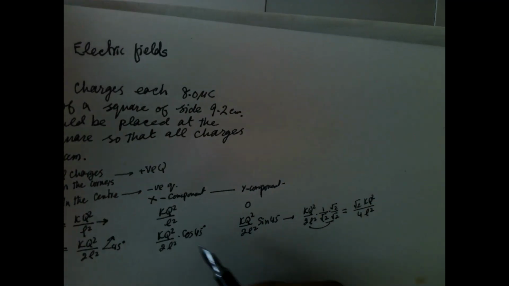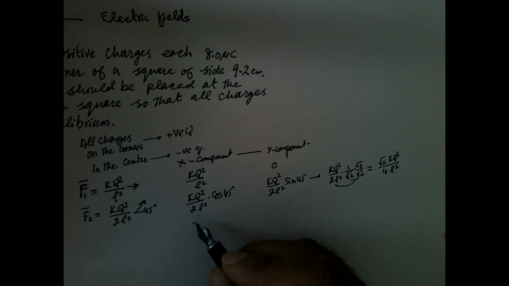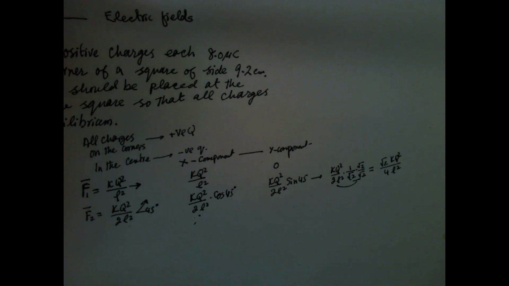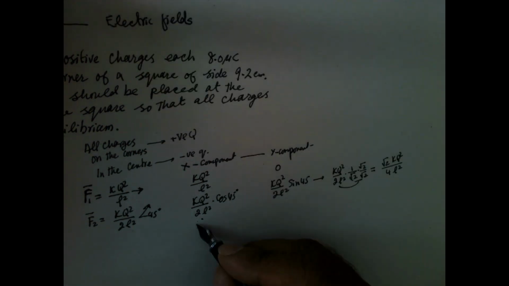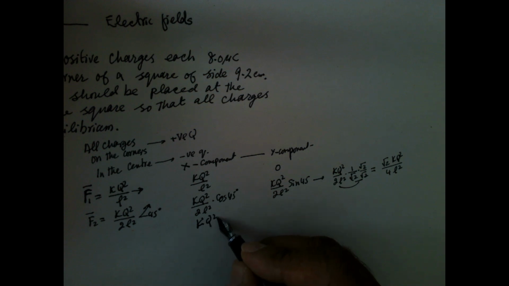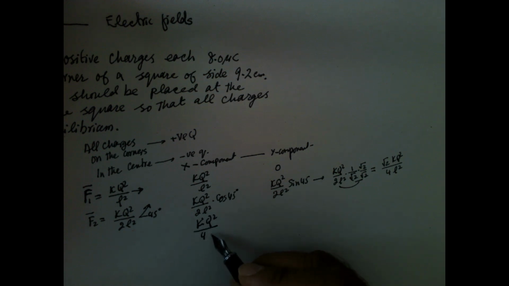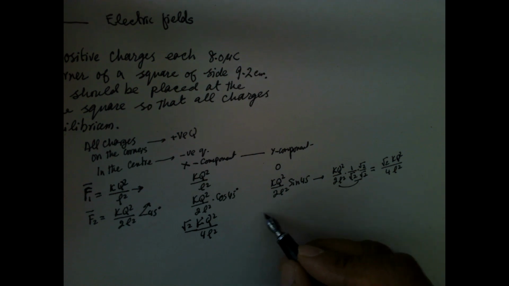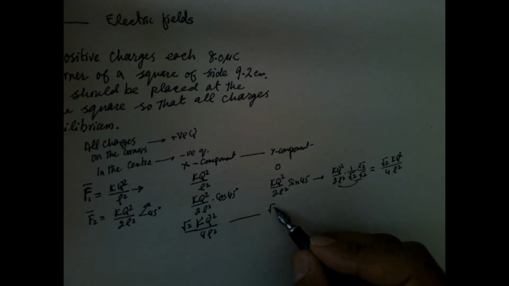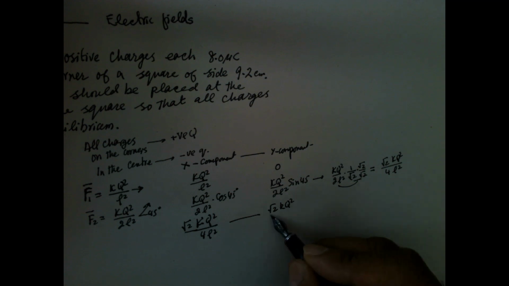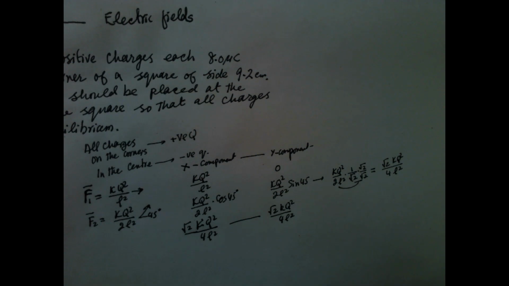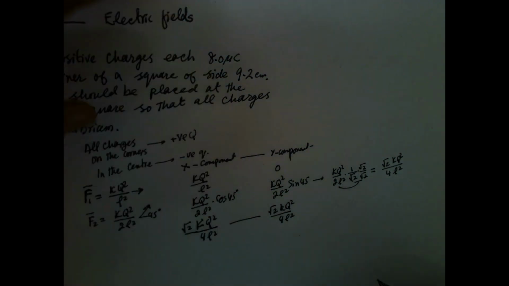So the x and y components are the same: square root 2 kQ squared over 4L squared.